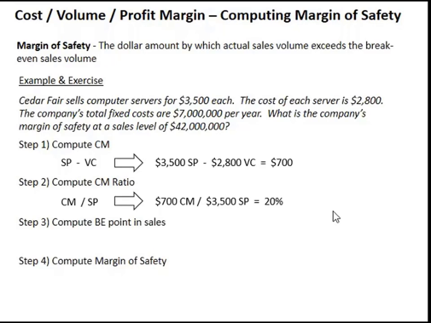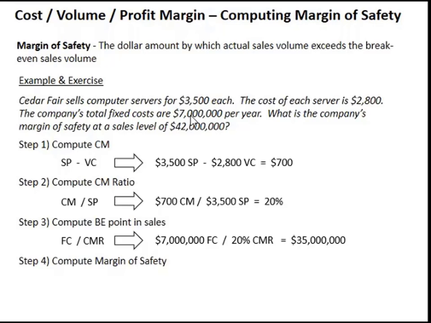Now step number 3, we want to calculate the break-even point in sales. And again, you notice these are all formulas that we have utilized before. We've done a contribution margin formula. We've calculated contribution margin ratio before. Now we're going to use the break-even point in sales formula, and that's our fixed costs divided by our contribution margin ratio.